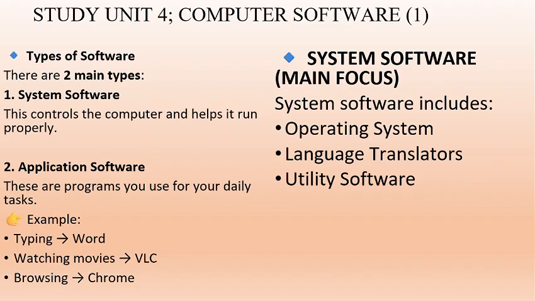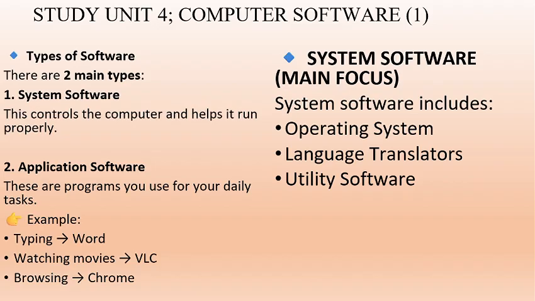If you want to boot your system, for example, it is the work of system software to boot your system. We have cold booting, we have warm booting. So it is the system software that helps boot and run your computer properly.